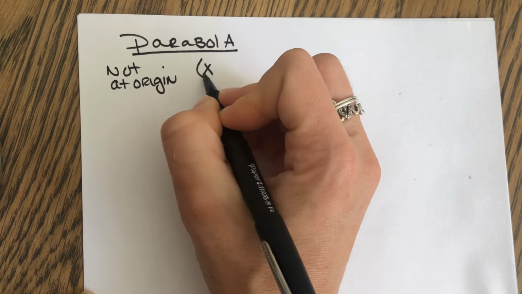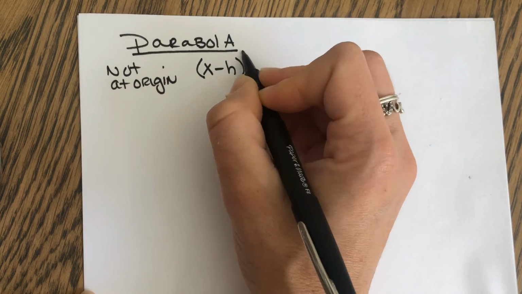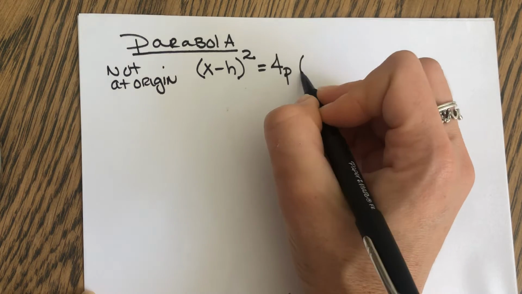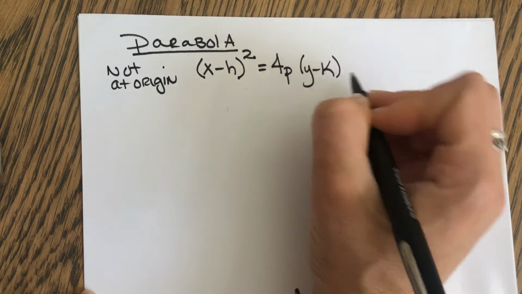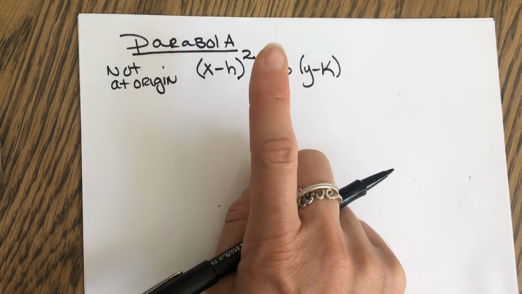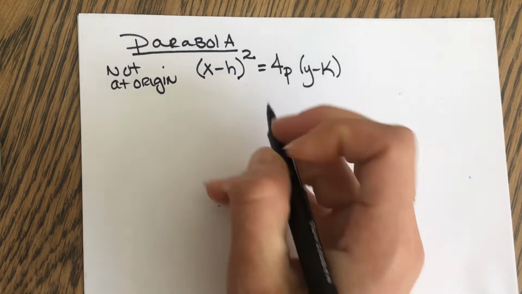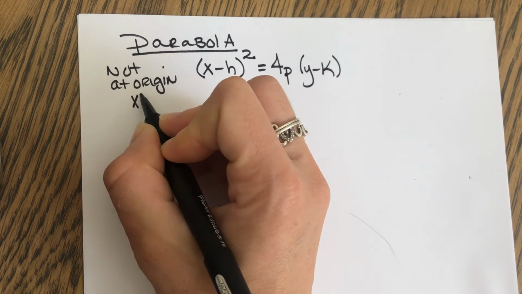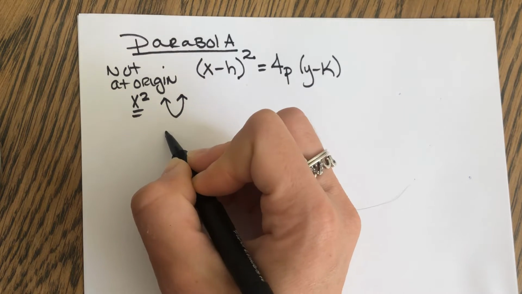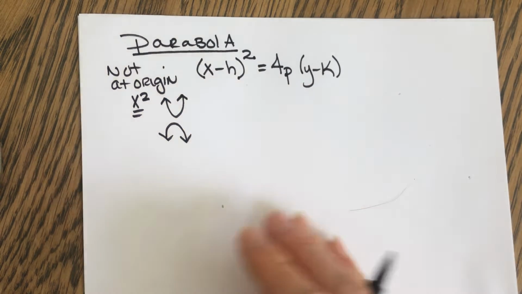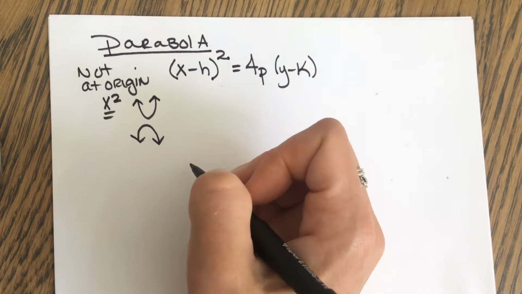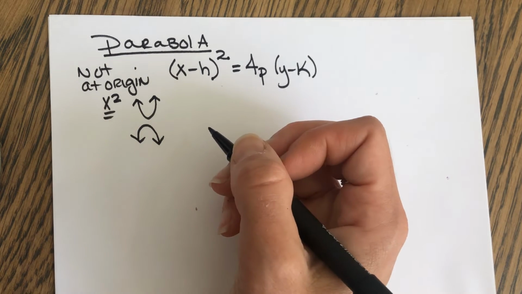So if you guys remember, we can do x minus h squared equals 4p y minus k. Okay, and if it is an x squared, you should know, so I'm just going to give yourself a note, if it's an x squared, it's either up or it's down. Okay? And then obviously down if it's negative, positive, and again, you know all that when it comes into play.